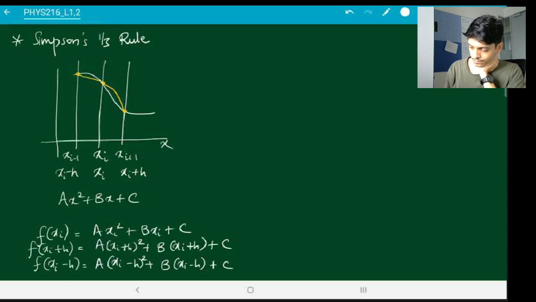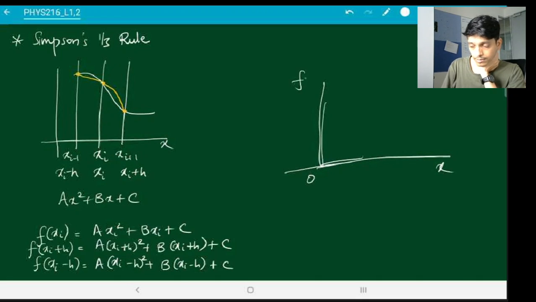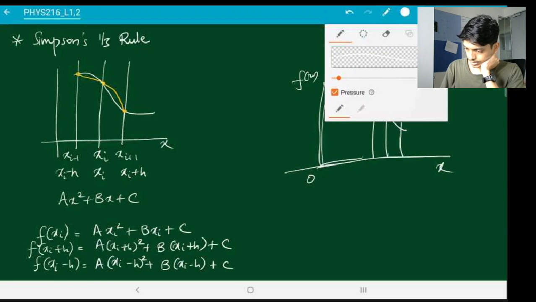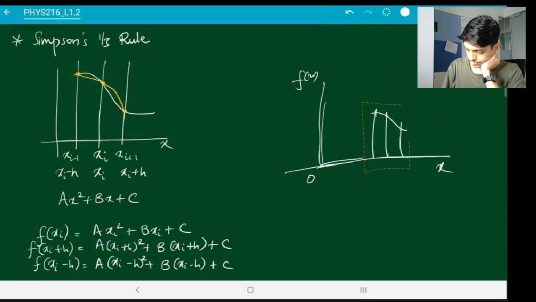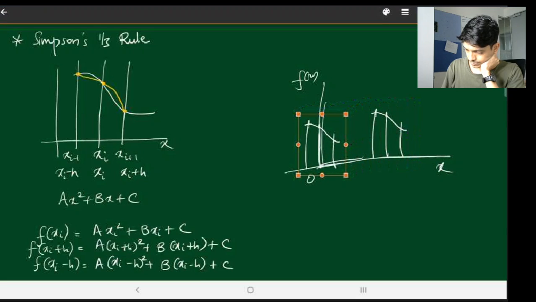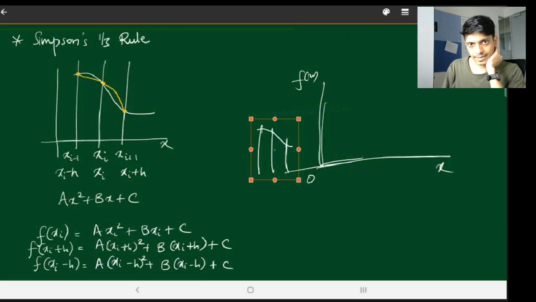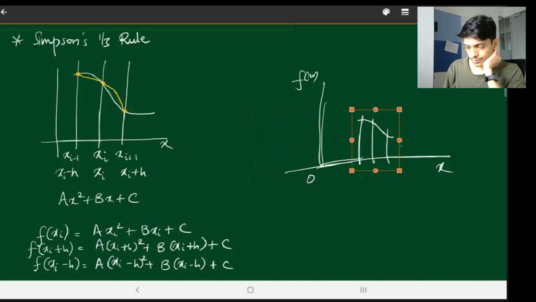Now notice that in general, on the x and f of x axes, suppose these are the 3 strips that I was talking about, the 3 slices. It doesn't matter where these are located, no? Because instead of them being located over here, if I had just moved them anywhere else along the x-axis, the area under this curve still remains the same. It doesn't matter where it lies.